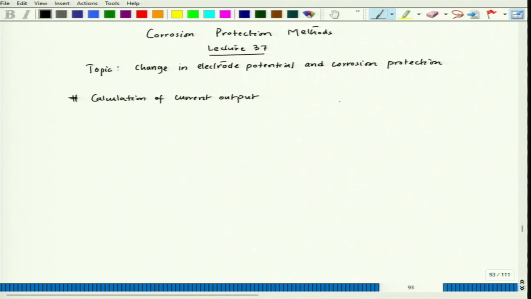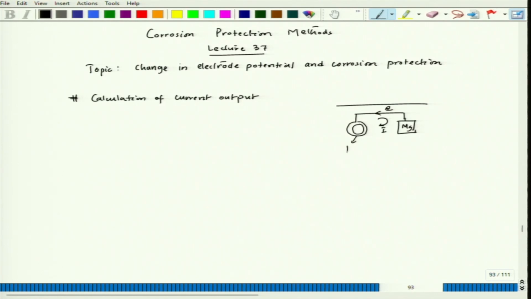Now, if we look at the design of the setup for sacrificial anode protection, this is, let us say, my magnesium anode, and the electrons will flow this way and the current will flow that way. This is the current flow.